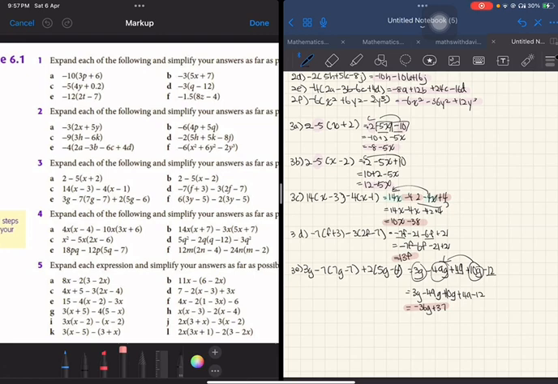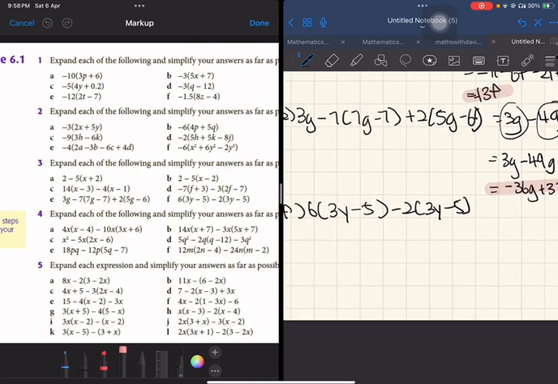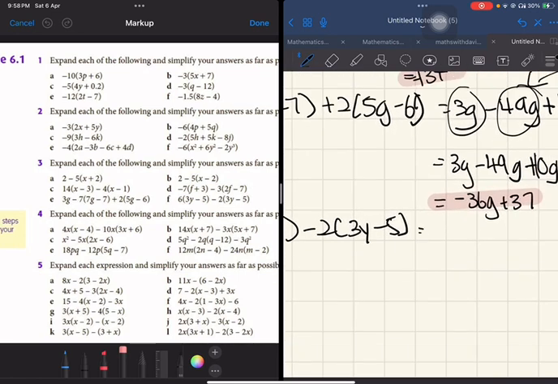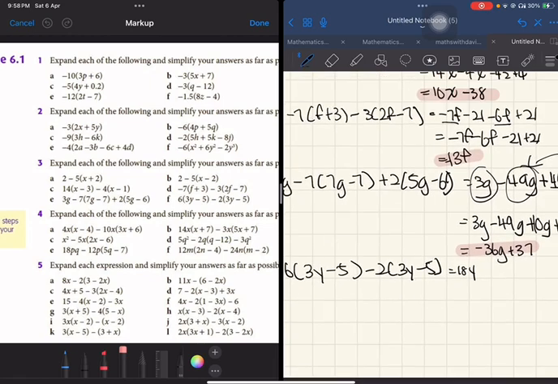Now for the next one, 6 times 3y minus 5, and 3. Alright, so positive 6 times 3y, we're going to get 18y. Positive 6 times negative 5, we're going to get negative 30.